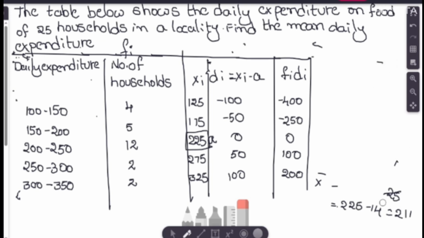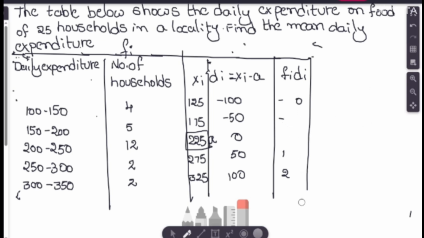Same xi column we have to find for everything. Here what the new thing we will do is make a ui column. Instead of this, we have to find fi into ui. Here, instead of this, you have to write xi minus a by h.